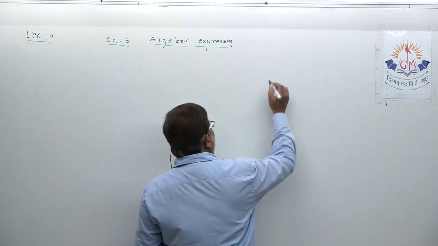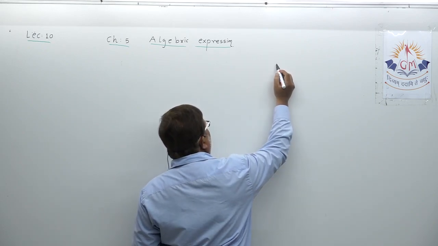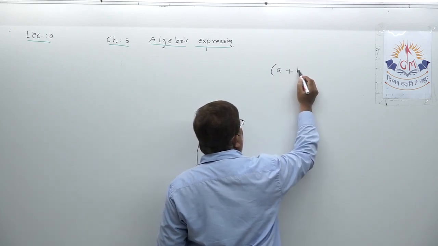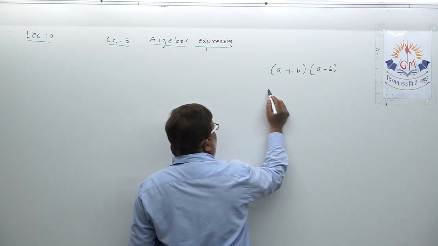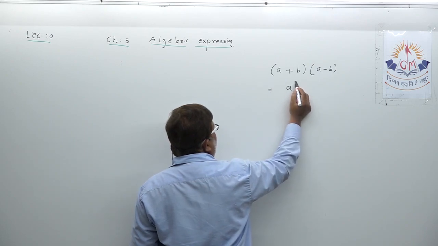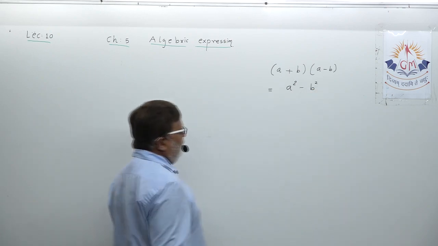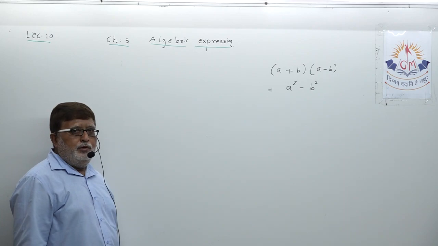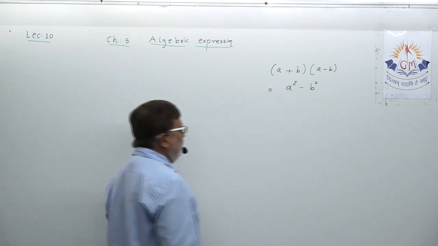First, I would like to write the identity which you understood at the time of expansion. If the identity is given in the format a plus b into a minus b, what is the answer you were writing? a square minus b square. You must be remembering this identity. (a plus b)(a minus b) equals a square minus b square.